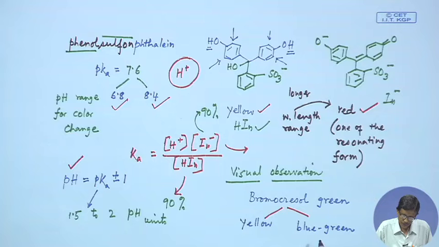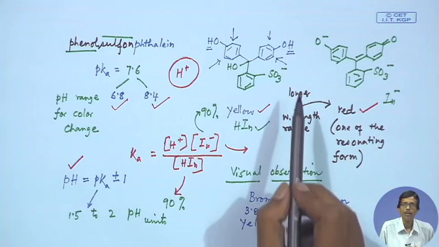So, its color change range is different, and its color change pH is from 3.8 to 5.4. You see the change that we can introduce.